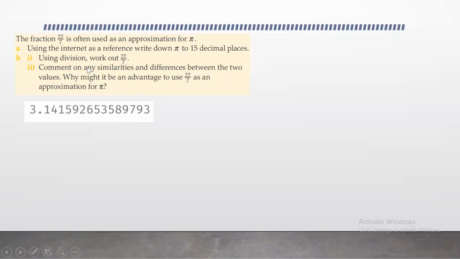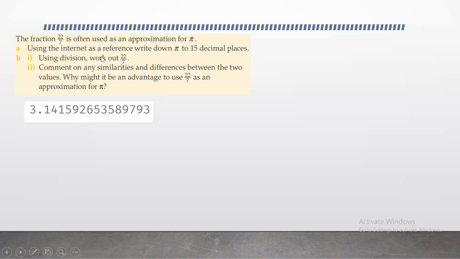Here, I have one question: the fraction 22 over 7 is often used as an approximation of pi. Using the internet as a reference, write down pi to 15 decimal places. So I already mentioned the value of pi, which is almost equal to 15 decimal places.